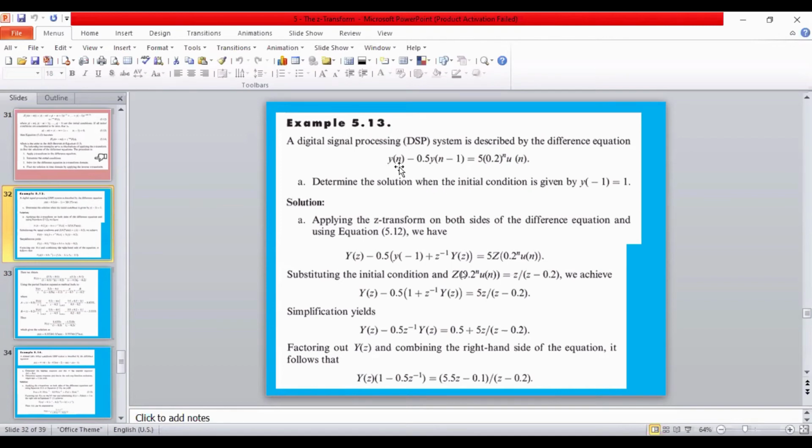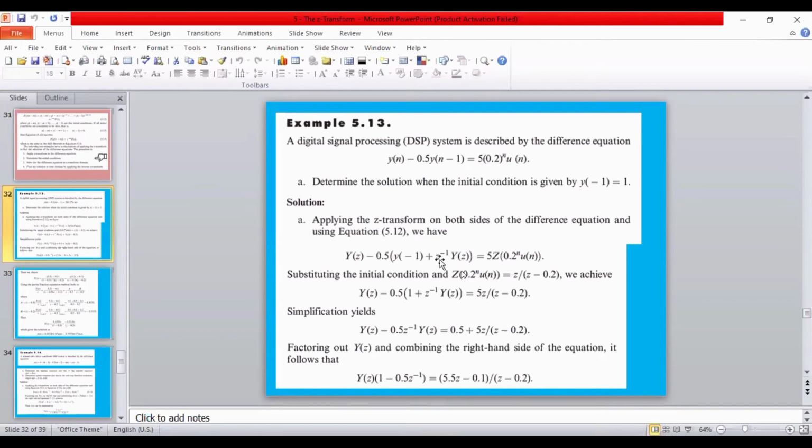So y[n] turns into Y(z). The 0.5 with the minus is still there, the same. Now, remember, shifting by 1 unit means Y(z) times z to the power of minus 1. If you see this, it means that this corresponds to shifting by 1 unit, time domain, z domain.